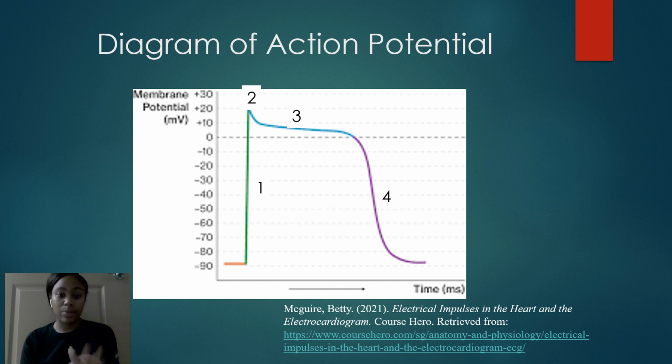As you can see, I labeled each phase just so you can have an idea of what I'm talking about when I go over the next couple of slides, because I will go over them in detail. This is time in milliseconds versus the membrane potential, so it gives you an idea of how fast things take place and how quickly everything is happening.